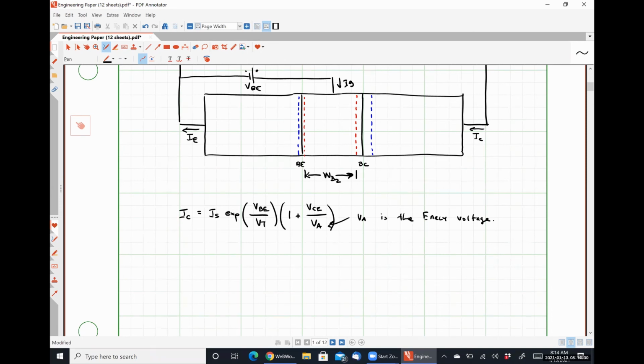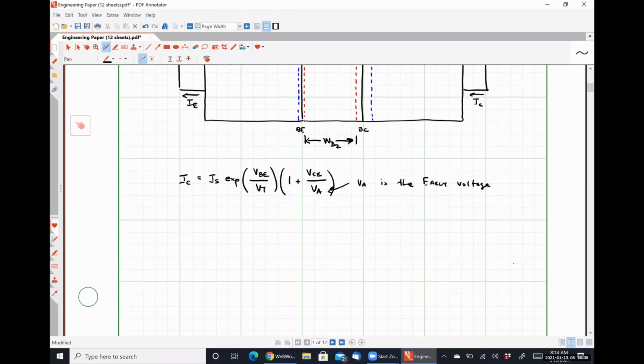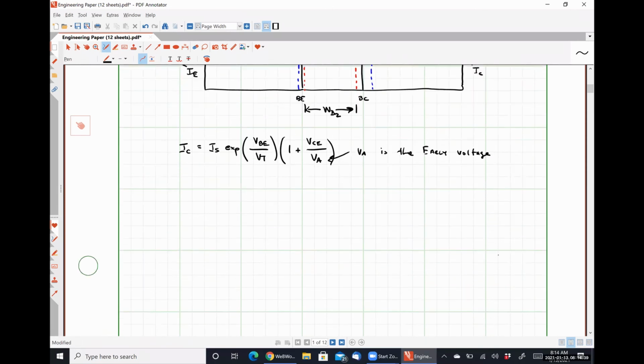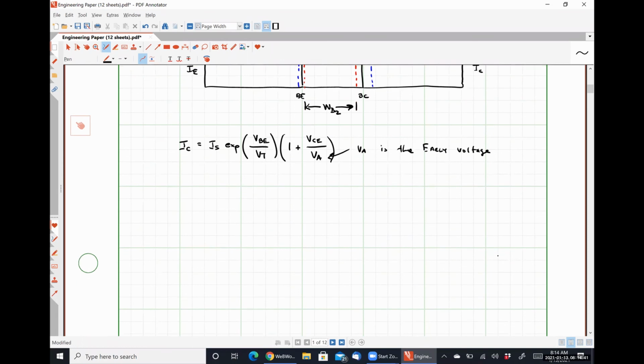So it doesn't have anything to do with time. The guy's last name was Early. So now we need to figure out how to determine what the early voltage is, okay?